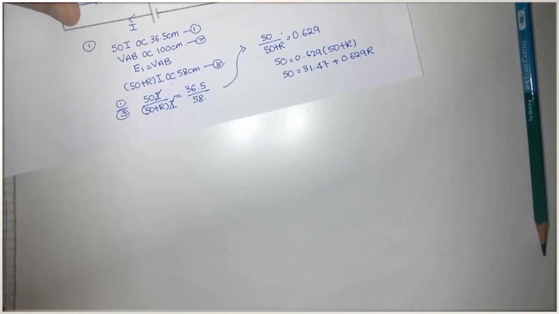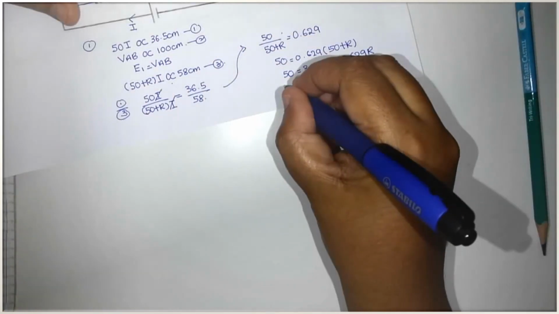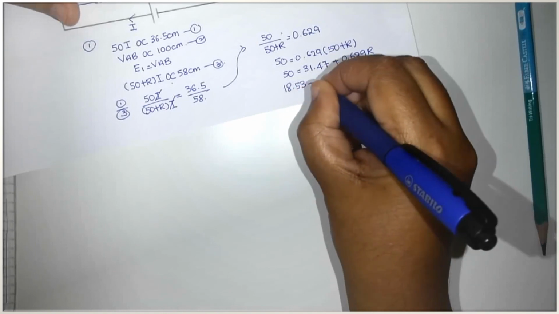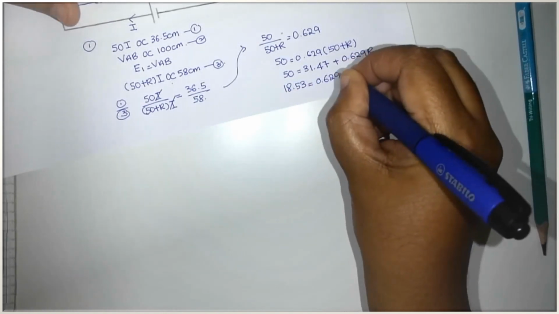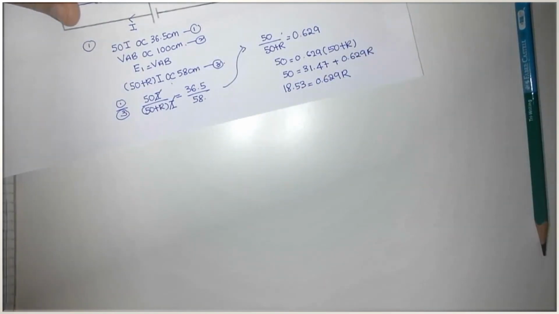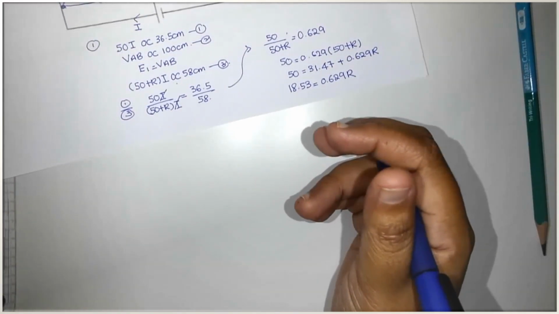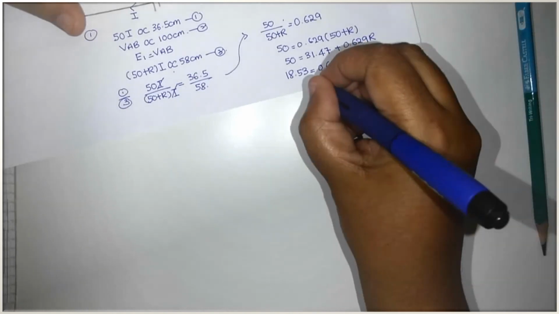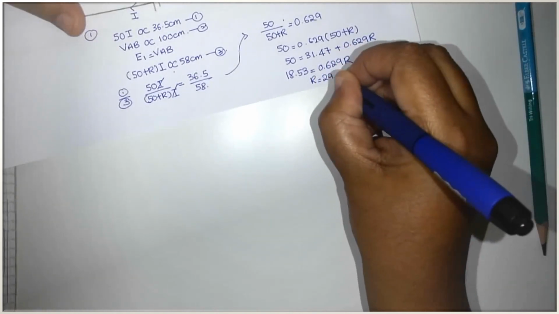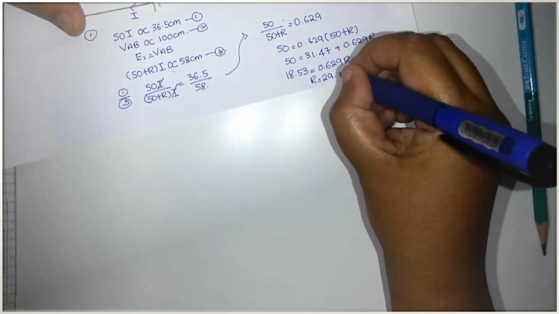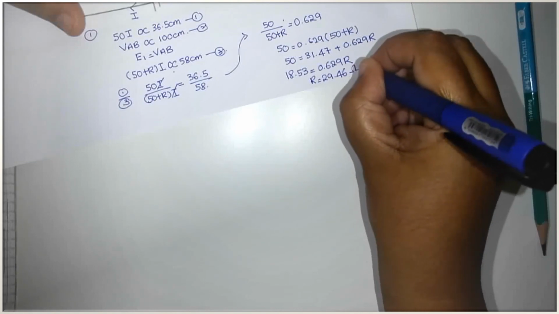So 50 minus 31.47 is 18.53 equals 0.629R. Divided by 0.629, I get R equals 29.46 ohm.